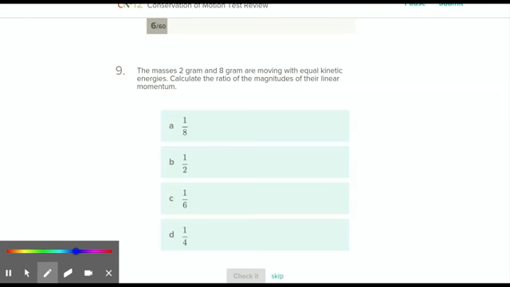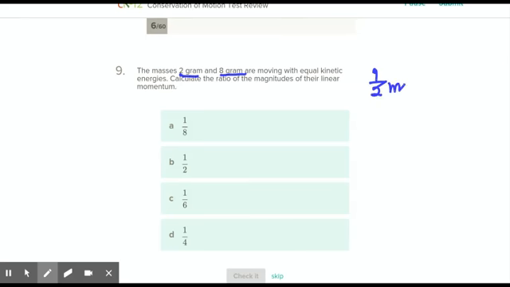That means half m1 v1 squared, which is the first mass, should equal half m2 v2 squared.